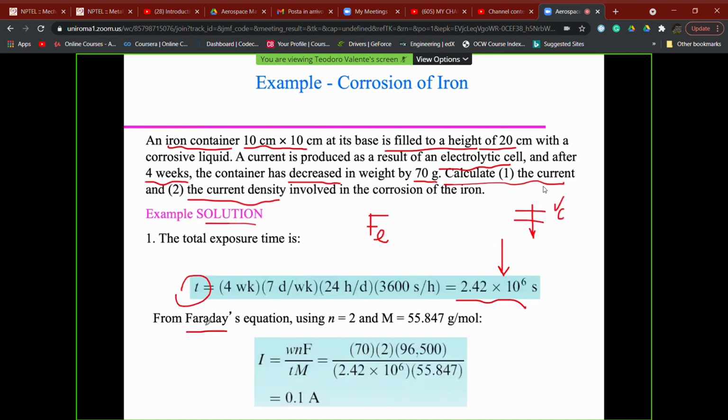Using the same Faraday equation, now the question is to calculate the current. In the previous example, we calculated the product I, the current, times t, the time. Now we just need to calculate the current, and so you see again we are going to use the weight in grams. n is equal to 2. The Faraday constant is a constant. The time is expressed in seconds.